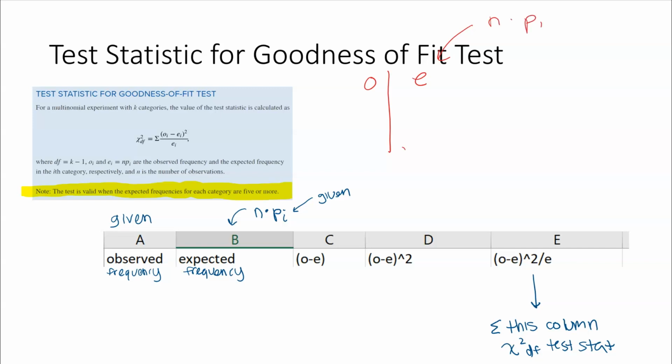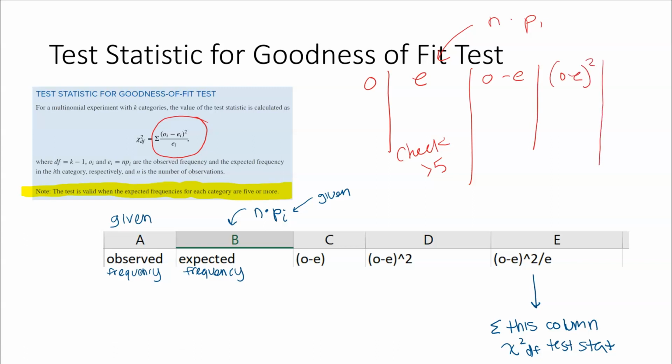Then we check the expected values and make sure that they're 5 or more. From there, we work towards getting this value. Remember, we want O minus E, then O minus E squared, then O minus E squared divided by E, and remember that comes from that formula there. Then we sum that column, and that's going to give us our test statistic.